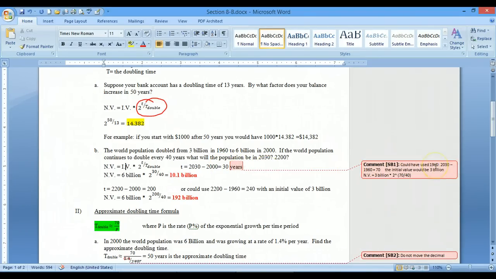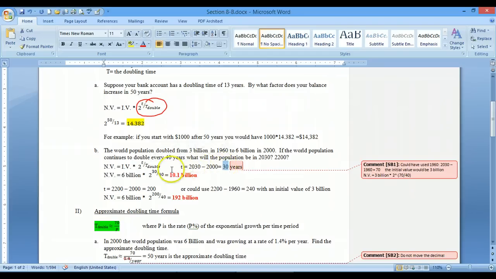We could also have used our other time, which was 1960, and that would be our 2030 minus 1960, and then we would use our years of 70 versus 30 years, but then we would have to change the initial value to be 3 billion and use the time elapsed of 70. In this case, we're going to use the 30 years just to see. Either way, we will get the exact same answer.